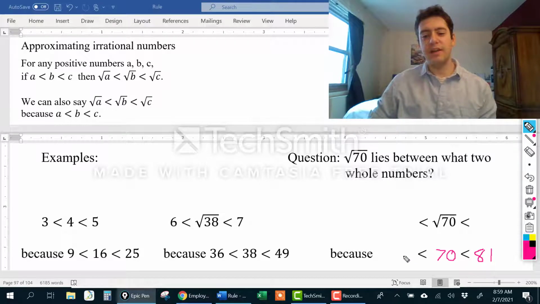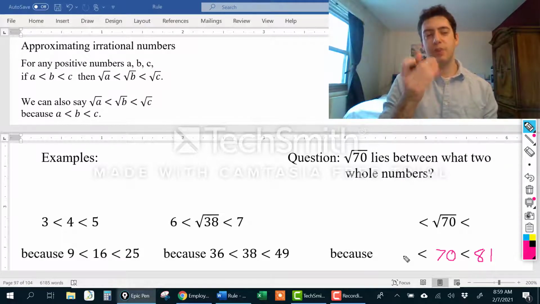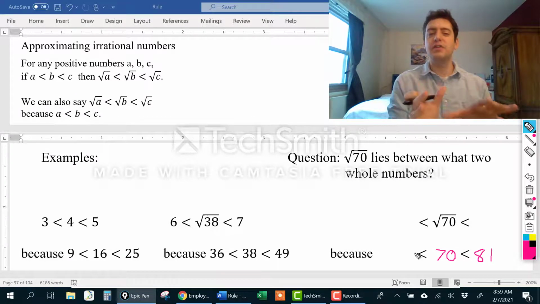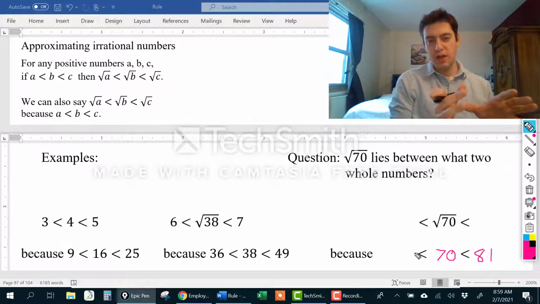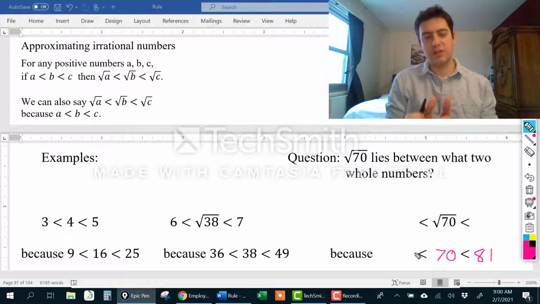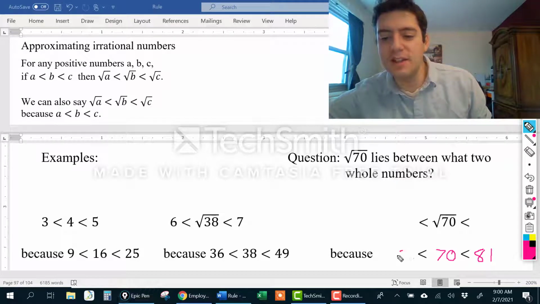Now on the other side, my strategy is I'm going to find the largest perfect square, which is still smaller than 70. So there are a whole bunch of perfect squares which are smaller than 70, but I want to find the biggest one that's smaller than 70. So the one which is closest to 70, and that is 64.